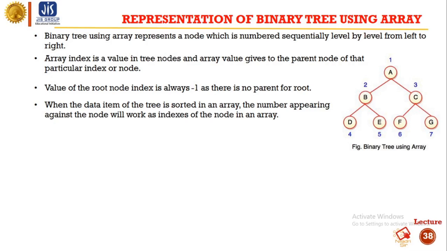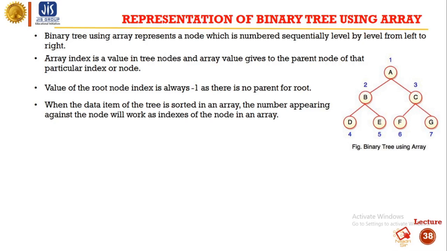The left child is indexed as 4 and the right child is indexed as 5. So as we can see, in a binary tree the traversal is at first root, then left, then right. This is how the array has been represented.